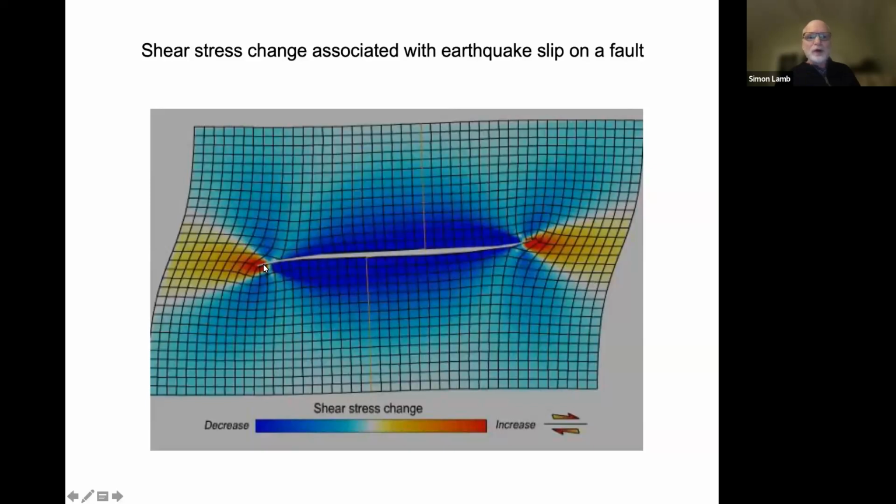But if you look at the ends of the faults where the ruptures terminate, then actually you get a stress increase. So the slip on the fault relieves elastic stress in the vicinity where the fault's slipping, but it actually loads the ends of the faults.